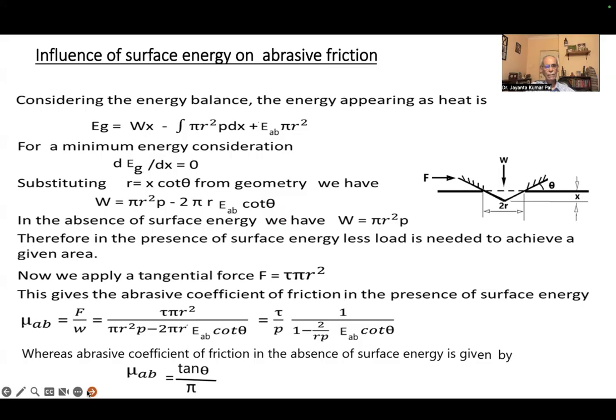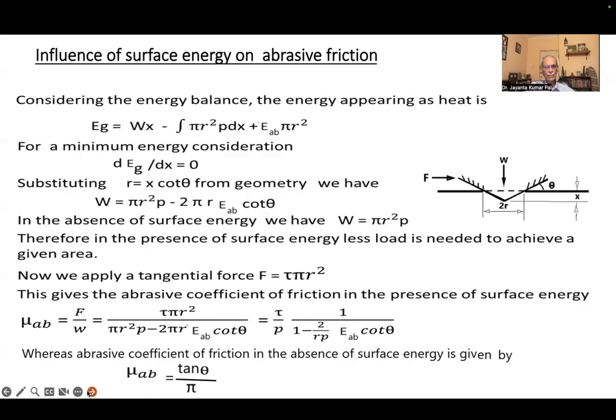Now, if we consider the minimum energy consideration, that is the usual way of optimizing, we take dEg by dx equal to 0. Now, in the first equation, the integral of pi r squared p dx, r is a function of x, and from the geometry, we can write r is equal to x cot theta.